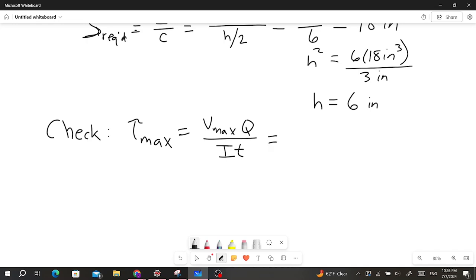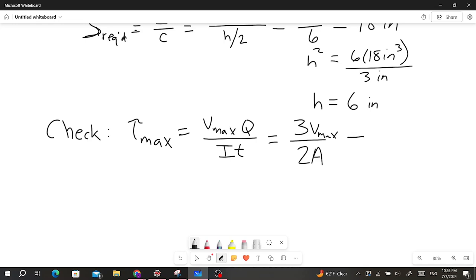And if you were to calculate what Q and I are, you'll get that this tau max equation simplifies to 3V divided by 2A. And that's V max, since we're looking for the maximum shear stress. A being the cross-sectional area of the beam.